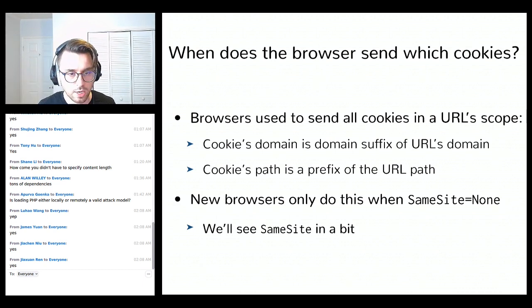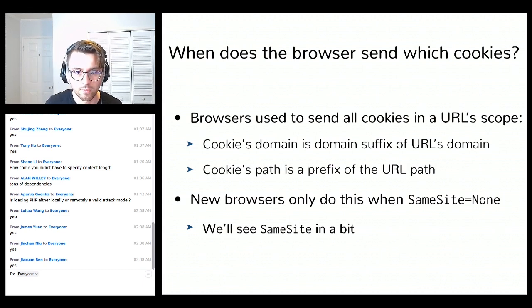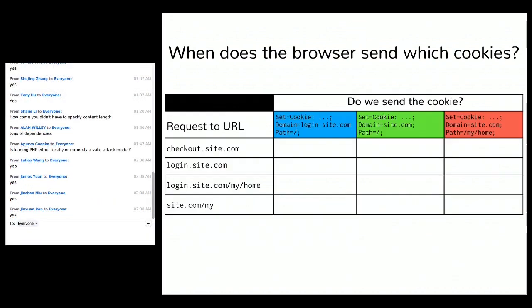Okay, so let's actually go through the exercise of figuring out when we send what cookie depending on this domain and path prefix. To do that, let me get the iPad and chat. Okay, so here I have 3 cookies, and I'm showing you the HTTP responses that were used to set these 3 cookies.